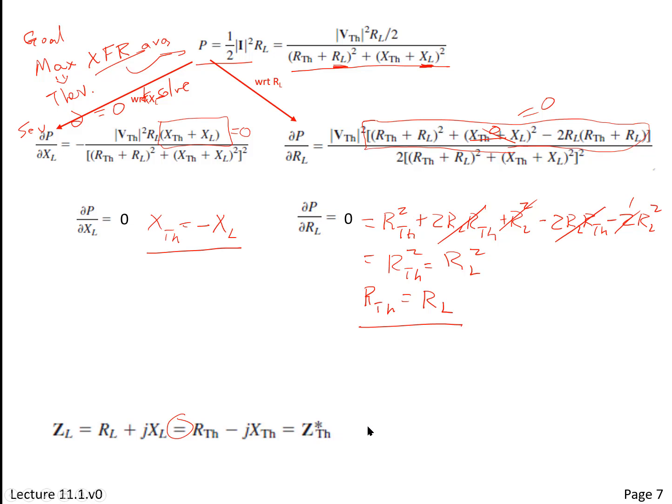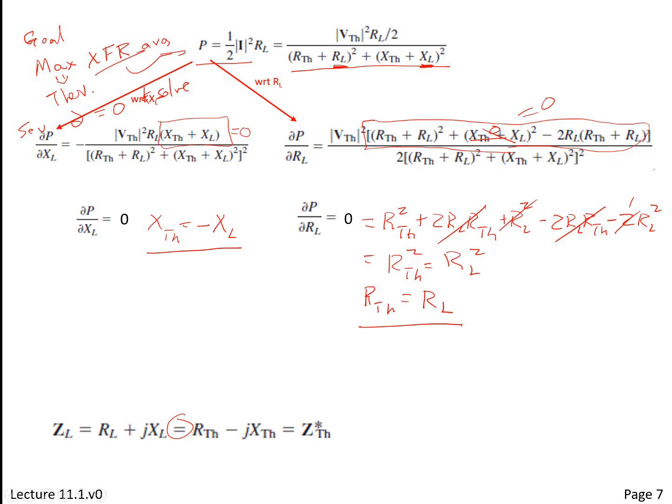All right. I think I'm going to quit at this point. I will say that what we have here in the bottom, what we're saying is that the maximum average power transfer occurs when the load is the complex conjugate of the Thevenin source.